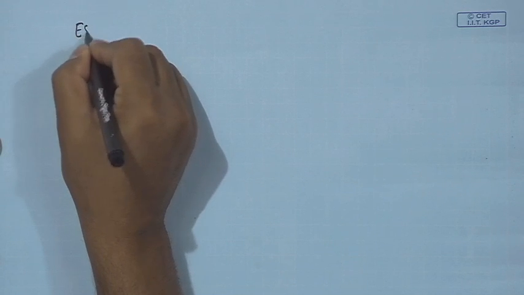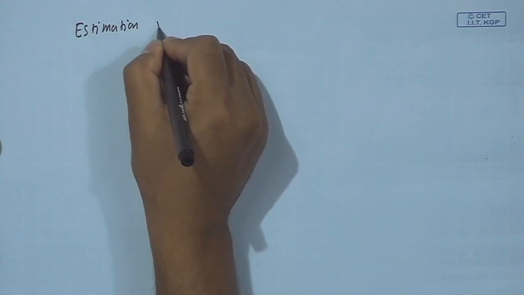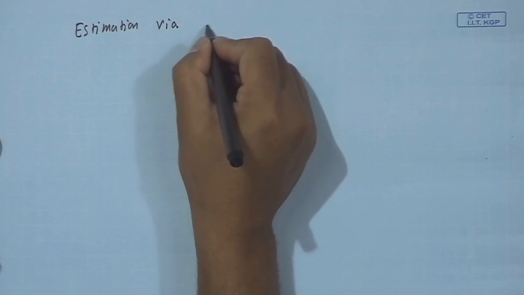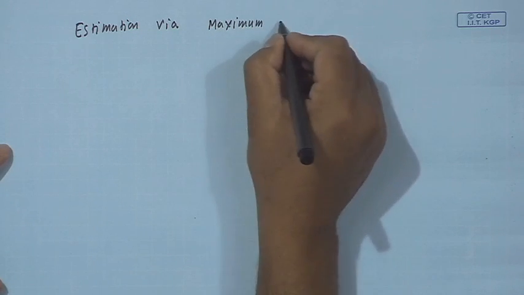Fitting the model means here the regression coefficients are beta_1, beta_2, ..., beta_p. So, we have to estimate those things. Here we will use the maximum likelihood method to fit them. So, estimation via maximum likelihood.